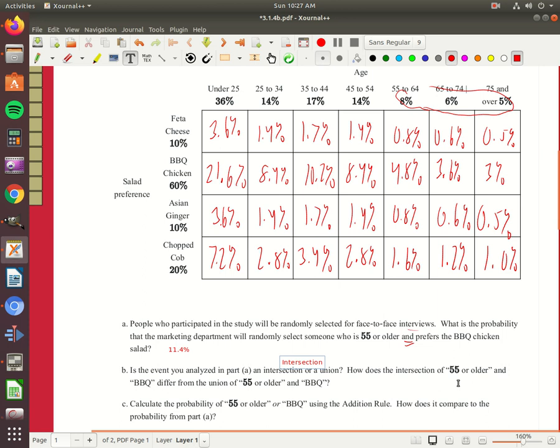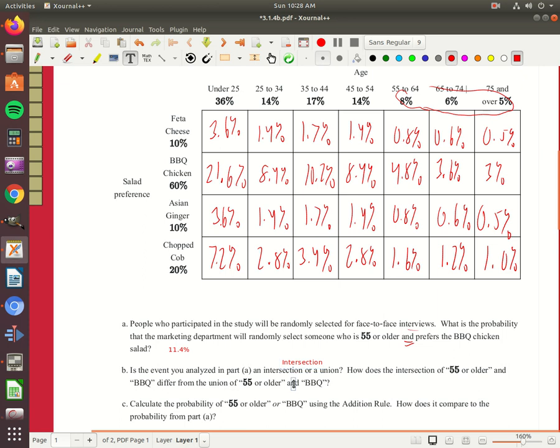It says, how does the intersection of 55 or older and barbecue differ from the union of 55 or older and barbecue? I think they misasked this question.